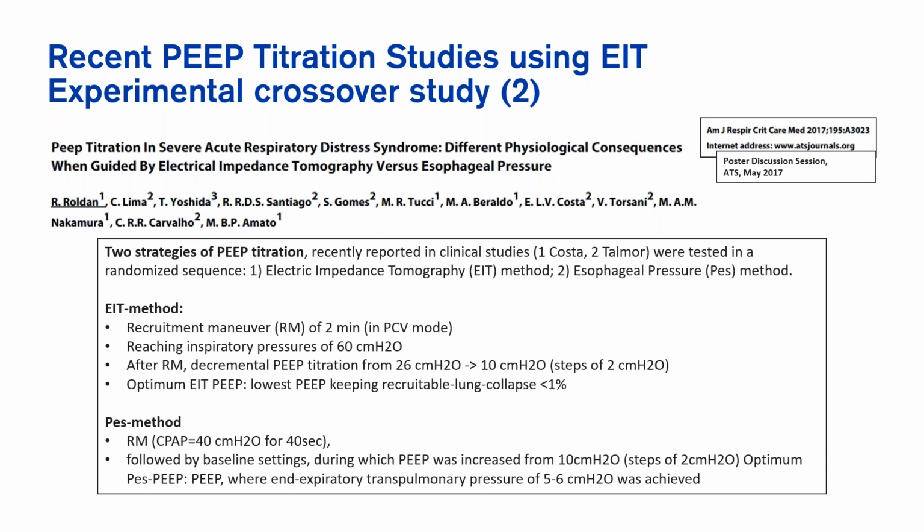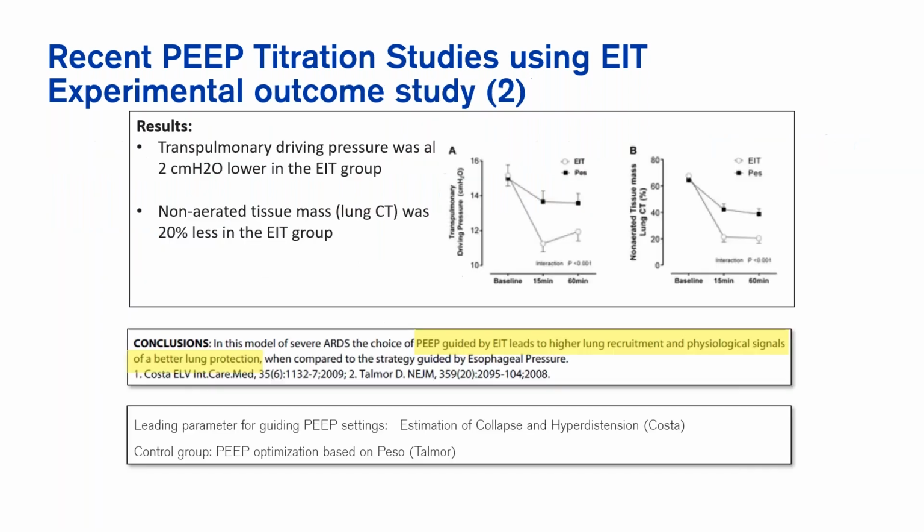In the other group, the control group, they were using esophageal pressure measurements to find the optimal settings for the PEEP.